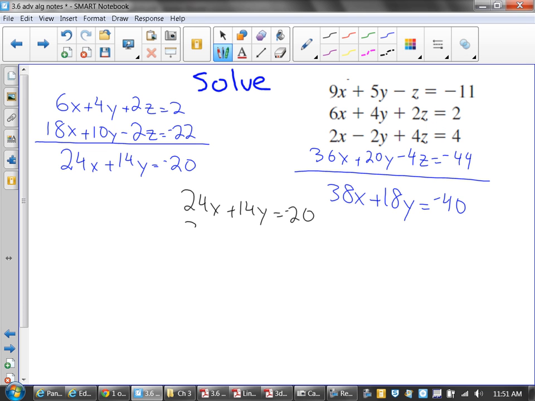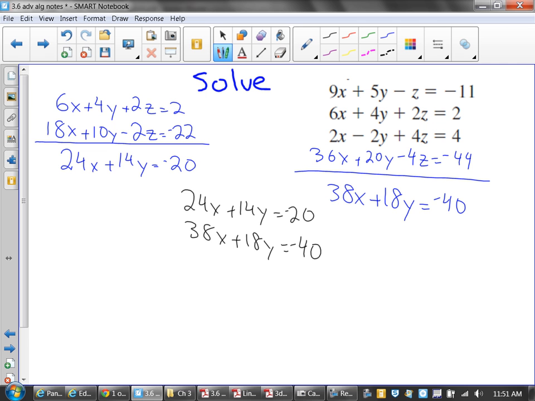You can if you want. At this point, you have 2 equations with 2 variables. It does not matter which one you try to eliminate at this point. You can simplify it if you want to get the numbers a little bit easier to work with. It does not matter because you all have calculators.